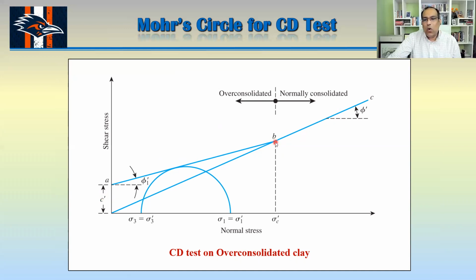As soon as your stress goes beyond pre-consolidation pressure, then basically you don't have any C for that soil. Okay, so you have basically two different situations here: one is before pre-consolidation pressure and the other after pre-consolidation pressure. Okay.